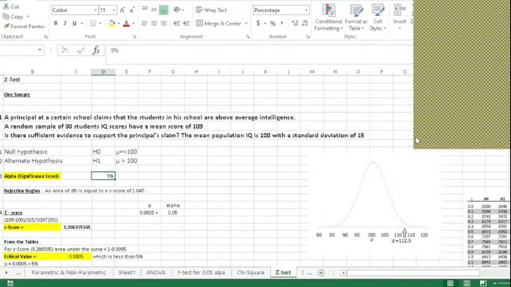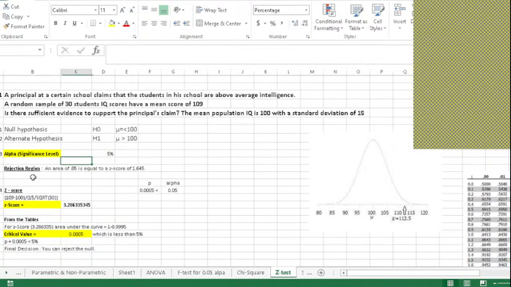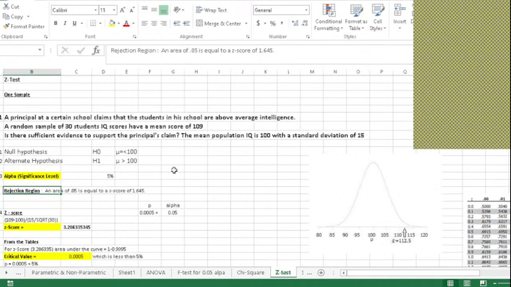So I have taken alpha as 5%. Now the rejection region, I know I'm going to use the Z table, and I also know the value of alpha.